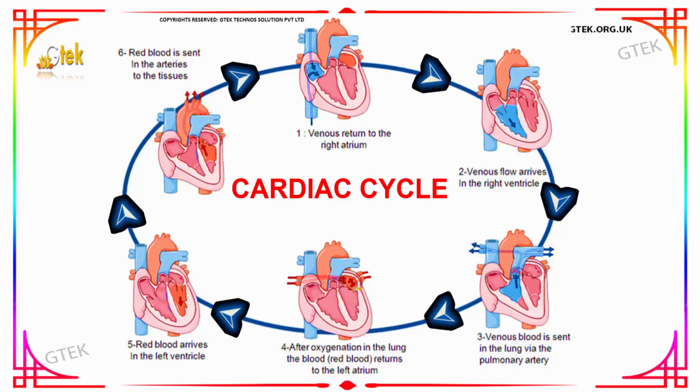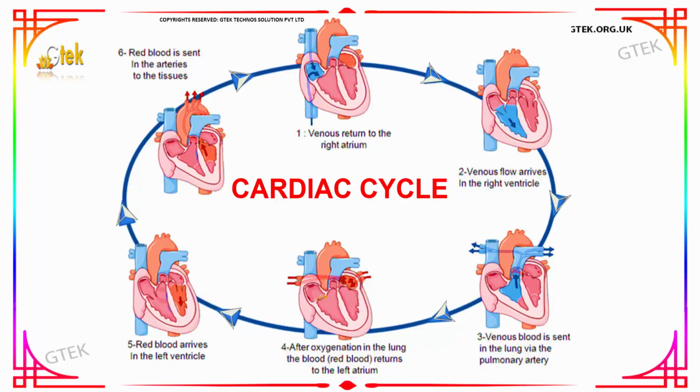the blood enters the left atrium through the bicuspid valve or the mitral valve. It enters the left ventricle.